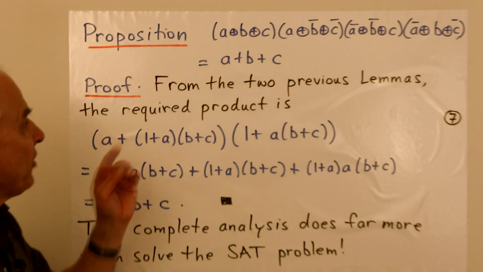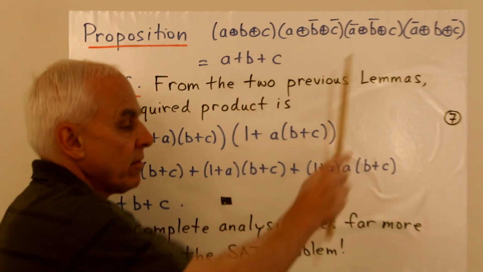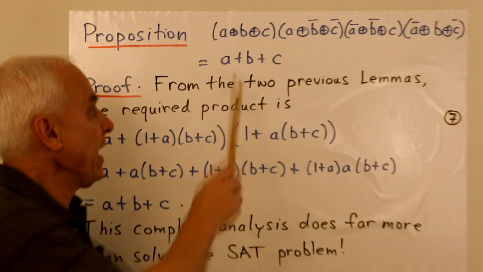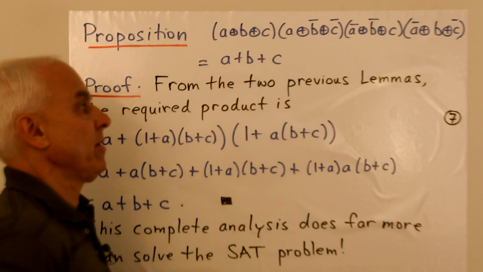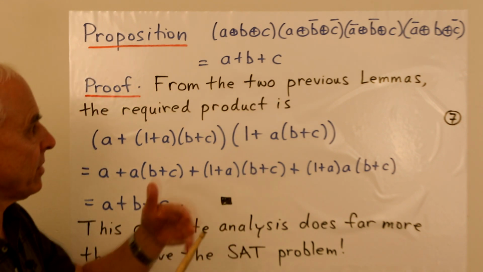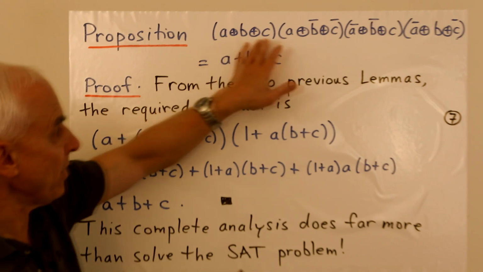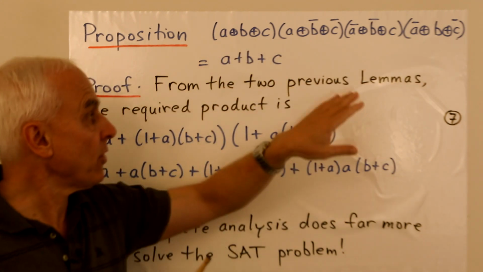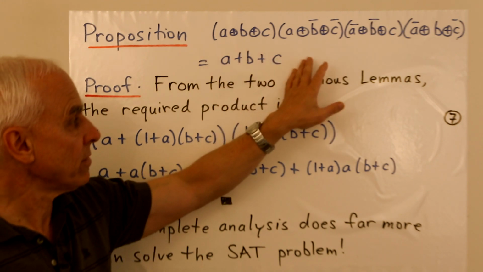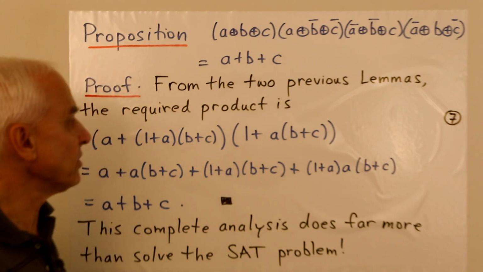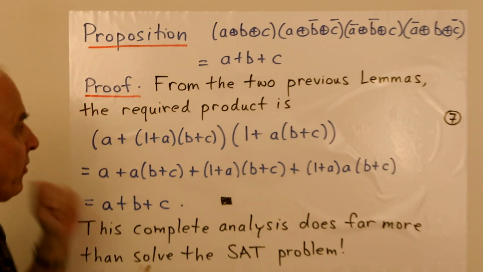And the proposition is that this thing reduces to, in the algebra of Boole, A plus B plus C. It's not surprising that we get a symmetrical expression because the input is essentially symmetrical in A, B, and C. But there is no quadratic or cubic symmetric expression either. So how do we prove this?